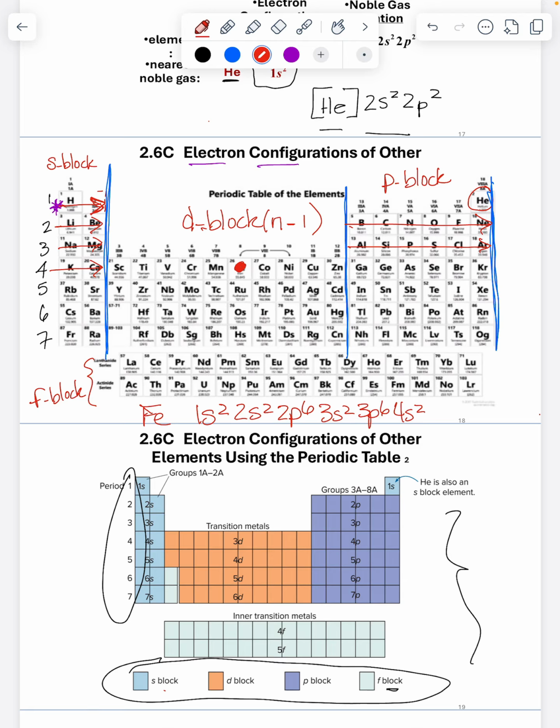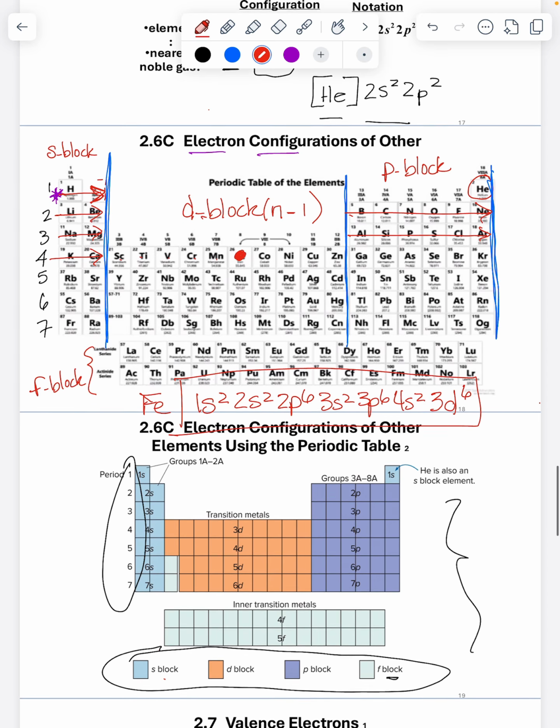So we're going to call that 3D. And then we count 1, 2, 3, 4, 5, 6. 3D6. So this would be the correct electron configuration for iron. 1s2, 2s2, 2p6, 3s2, 3p6, 4s2, 3d6. So when you get to the D block, you have to take 1 away from the period number. All right, you'll get lots of practice with that in the textbook practice, so I'll move along.